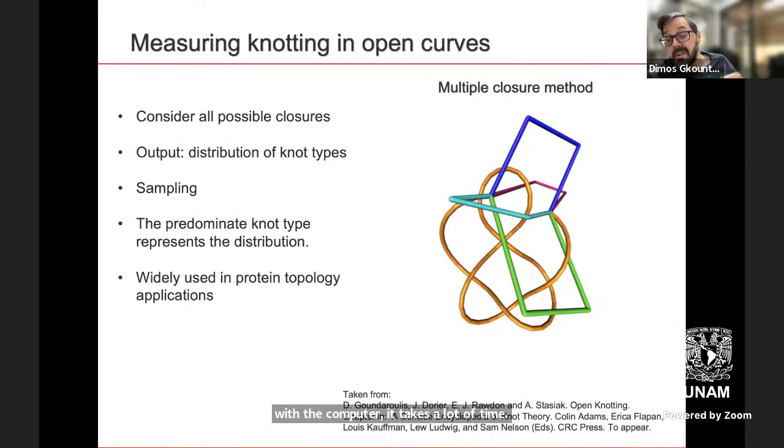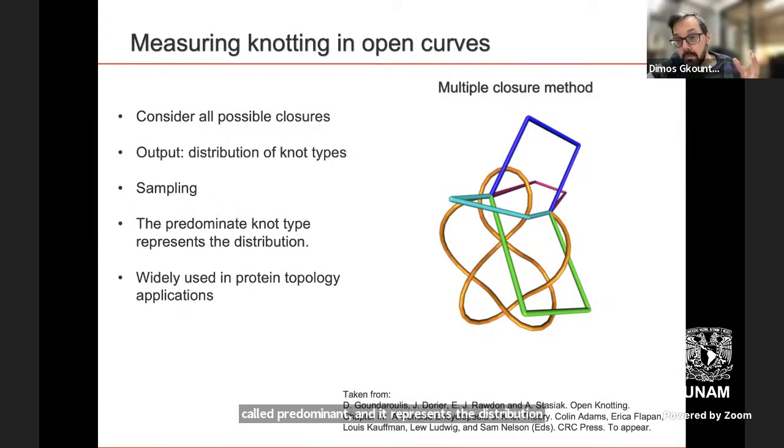You want to sample. You want to get a number of them that represents the population, and anyway, all of these considerations that you have to make. And then you start to measure all the knot types in your sample. The knot type that appears most of the time is called predominant, and it represents your open curve.